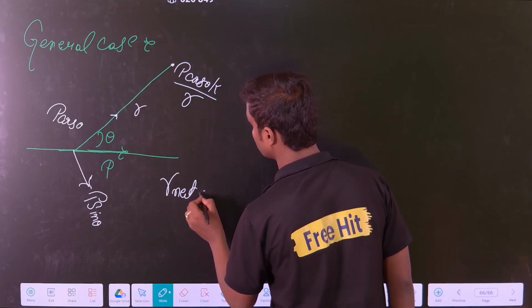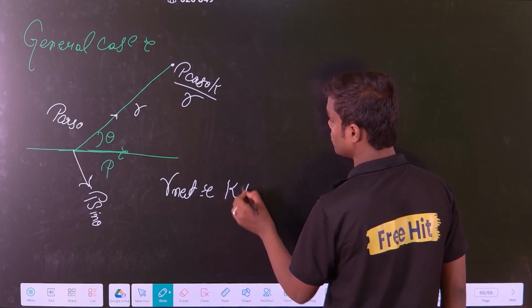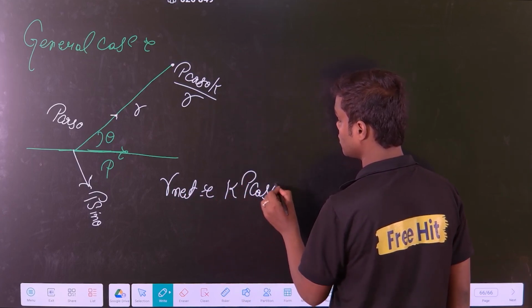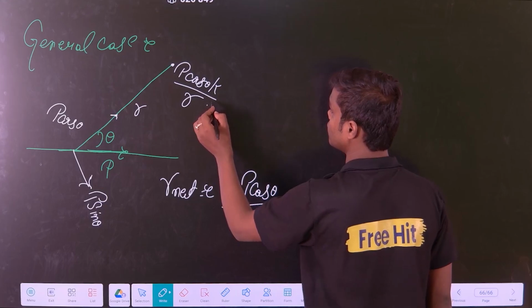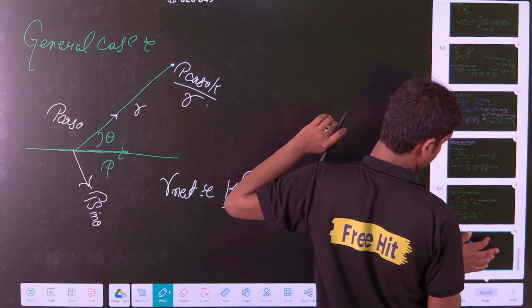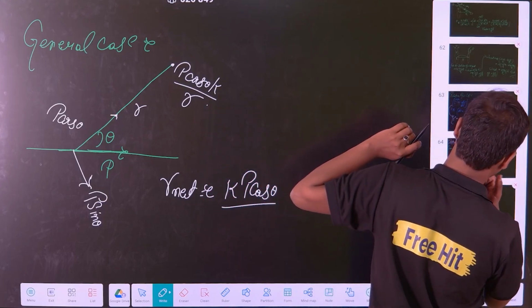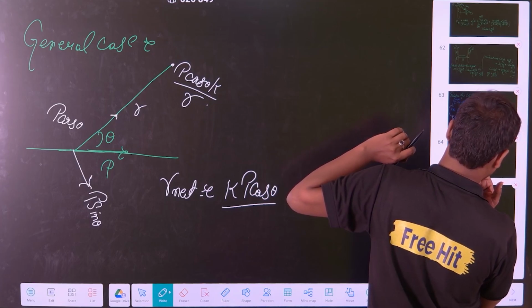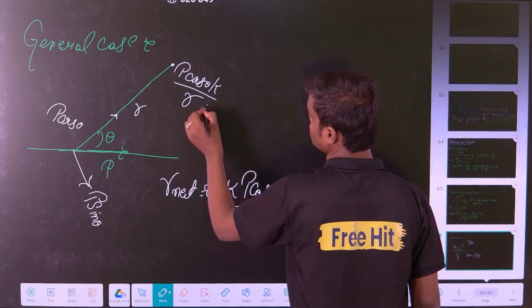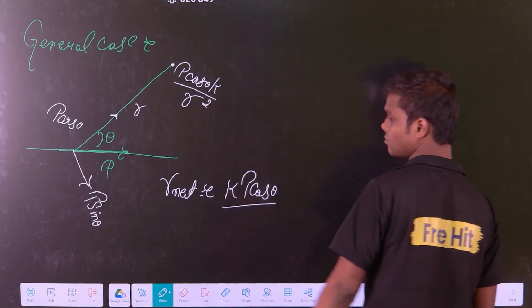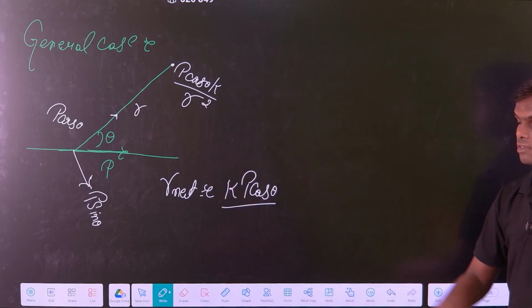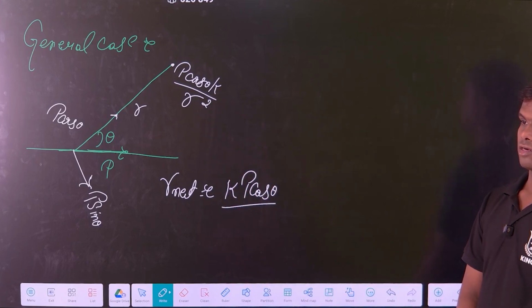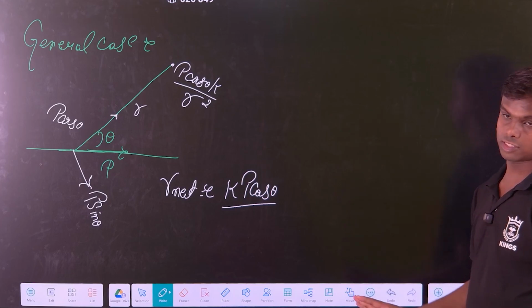My V net will be K p cos theta divided by, what is the value? r square or r cube? Let me check once. It is r square. So this is called the potential due to a dipole, the general formula.